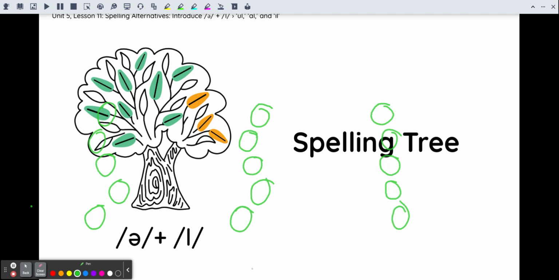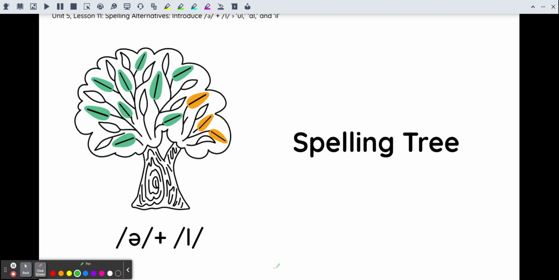Now let's look at our spelling tree. Okay, for our spelling tree, we're going to have an all spelling tree, which we will put leaves on our tree that have the O sound.